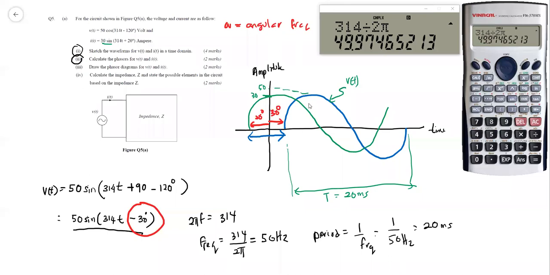How many degrees of angle difference? Yes, 50 degrees. So the difference between these phases is 50 degrees. And then draw the phasor diagram for Vt and It.